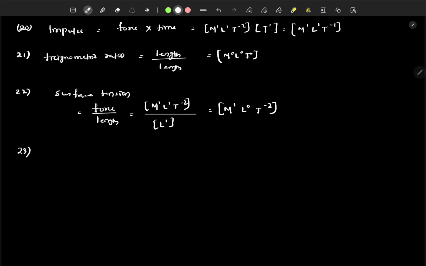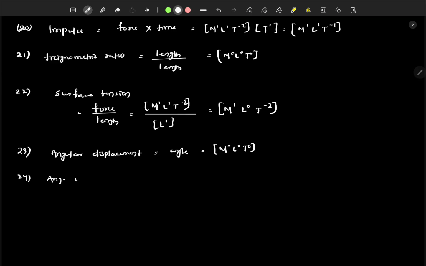Then quantity number 23, you may think about angular displacement first. That is one of the angle. Yes, that is M⁰L⁰T⁰. Angle has no dimension. Next is angular velocity.